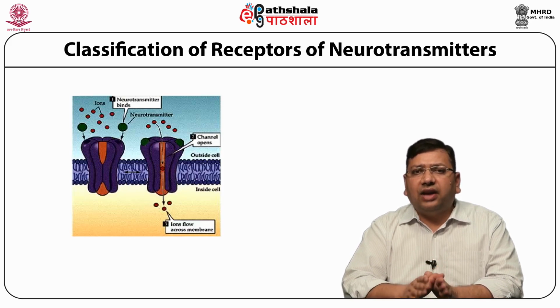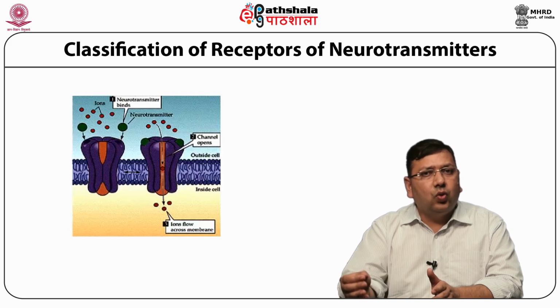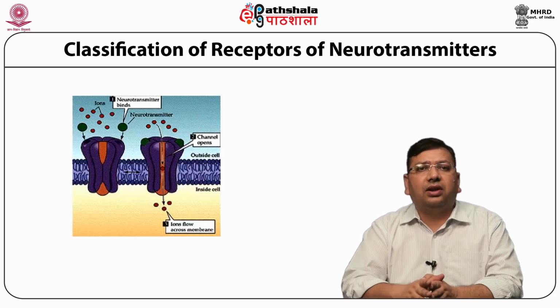Nicotinic acetylcholine receptor is found at many nerve-muscle synapses, which are known as neuromuscular junctions. This is the first ligand-gated ion channel which got purified, cloned and characterized at the molecular level. The mechanism of this receptor provides a model for other neurotransmitter-gated ion channels.